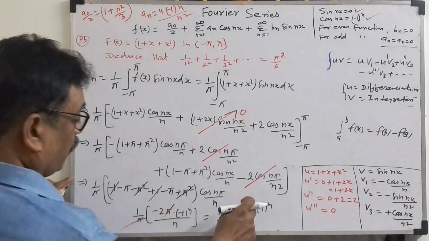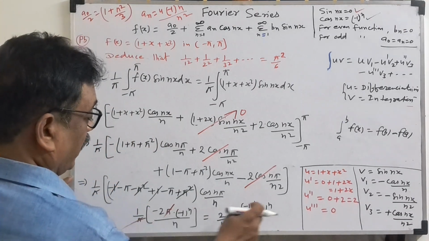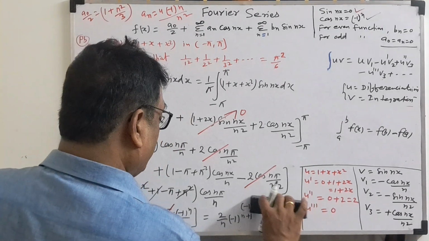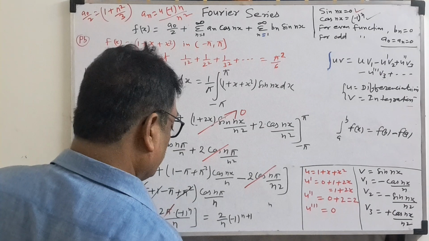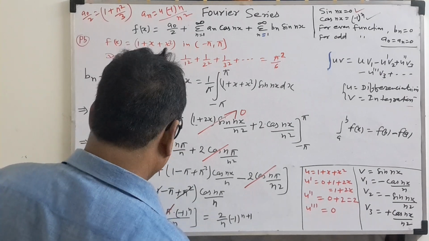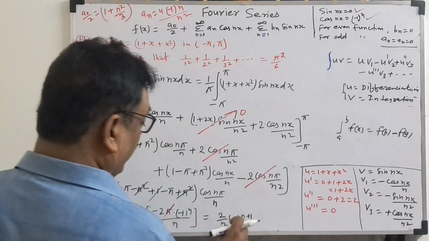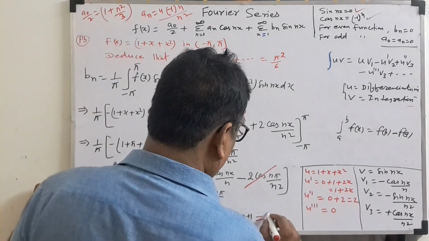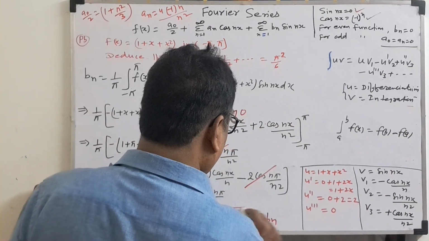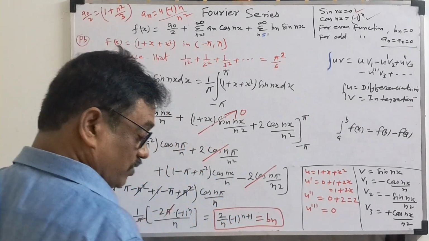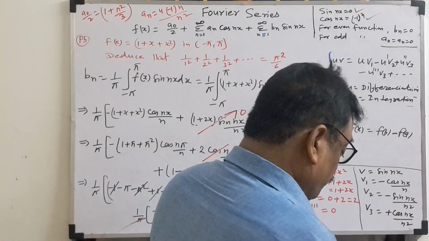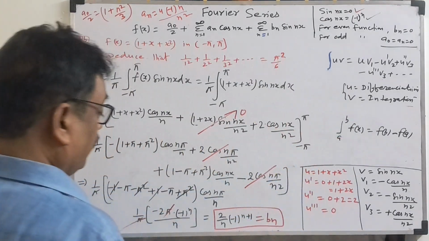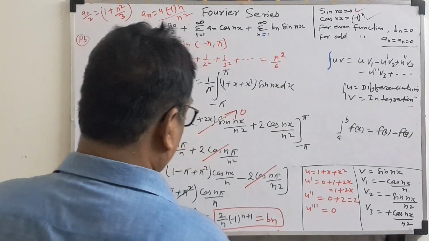So these expressions we can write 2 by n minus 1 power n plus 1. What is this one? bn. So now we'll write the expressions. This we got the bn: 2 by n minus 1 power n plus 1.